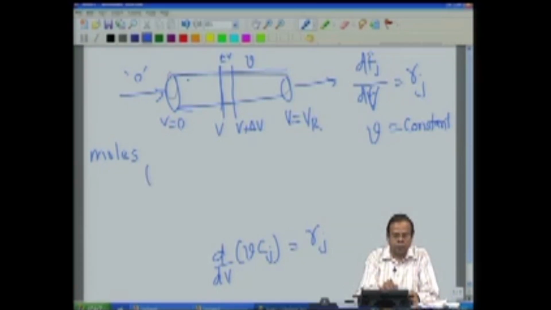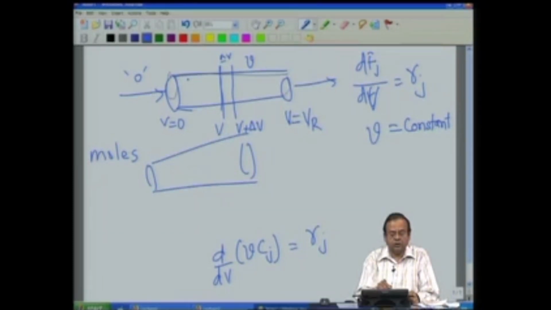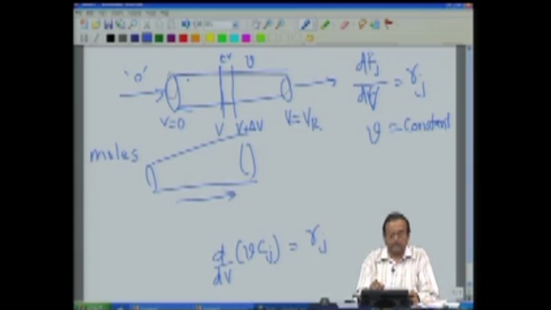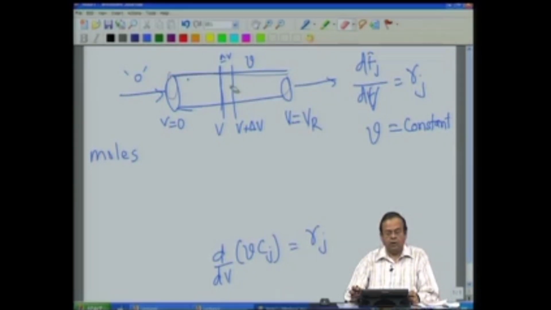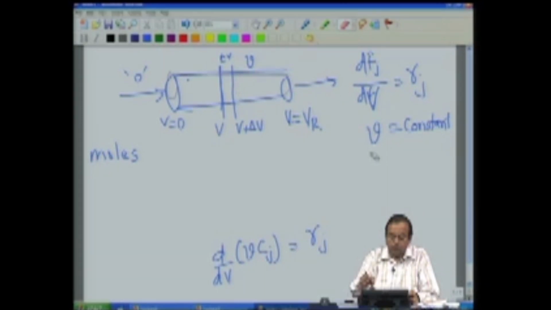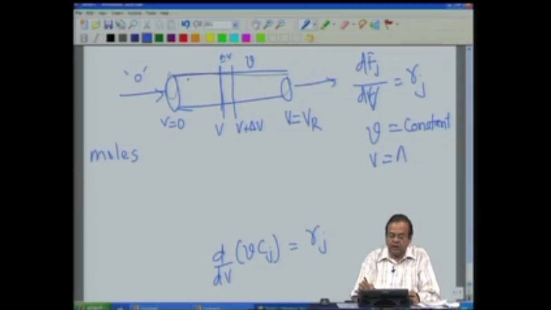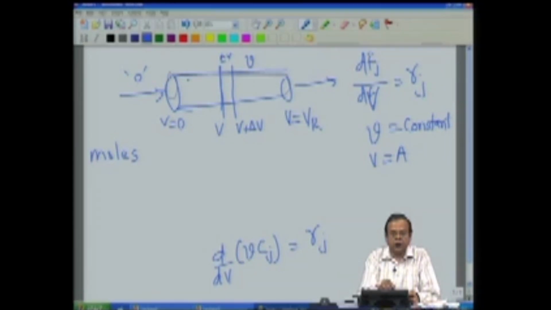And mind you, that is not necessary. We may have reactors which will look something like this, where the diameter changes along the axial direction of flow. There are situations where reactors look something like this. So, we are not considering those reactors. So, if diameter is constant, as is the assumption that we have made, then the volume V is nothing but the cross section area A into whatever distance along the axial direction that we have travelled.